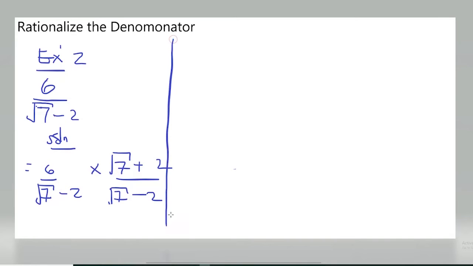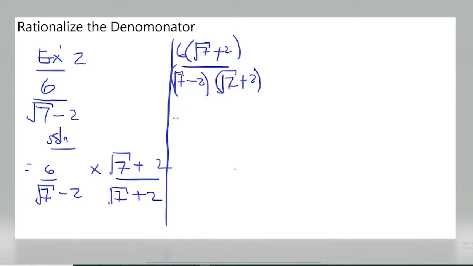It's going to be 6 times root 7 plus 2 over the denominator, root 7 minus 2 times root 7 plus 2.